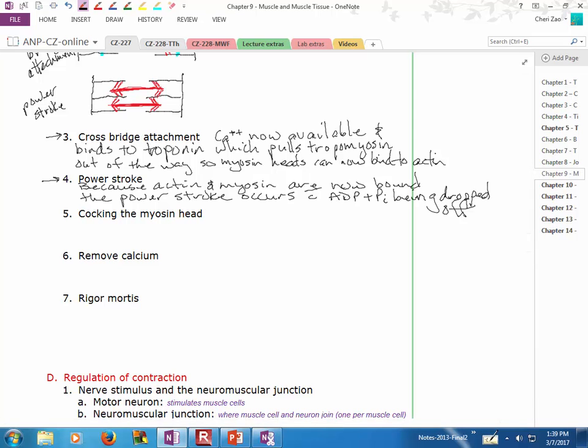The cocking or the resetting of the myosin head occurs, this is due to ATP.